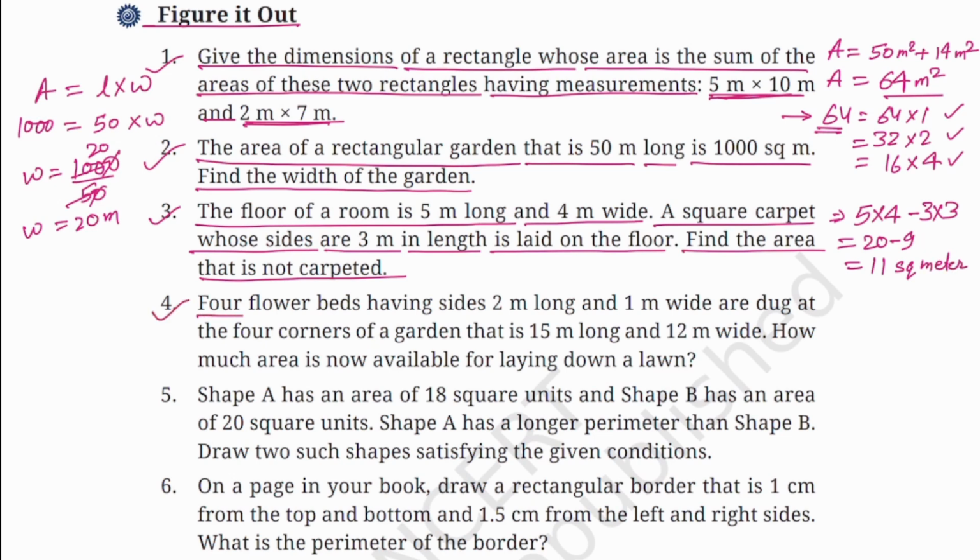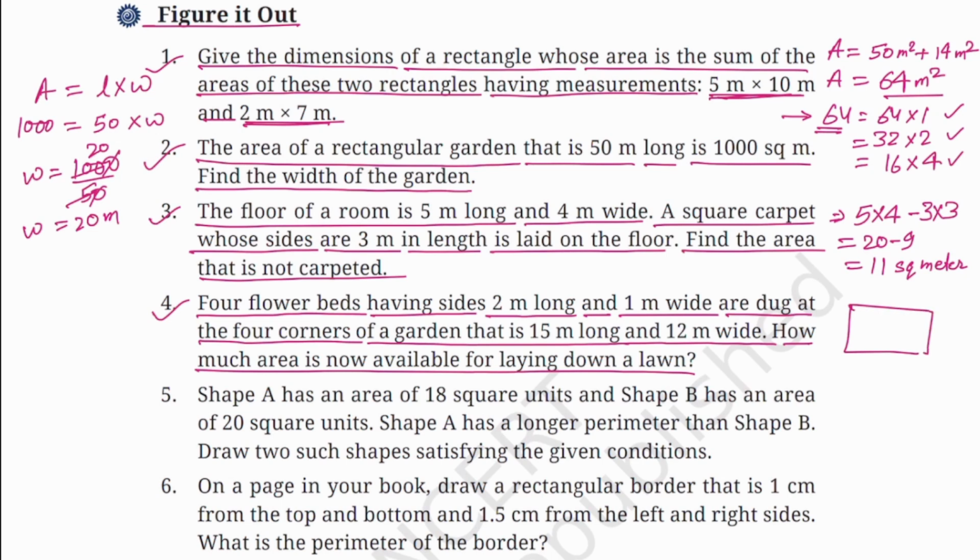4. 4 flower beds having sides 2 meter long and 1 meter wide are dug at the four corners of a garden that is 15 meter long and 12 meter wide. How much area is not available for laying down a lawn? You have to subtract area of 4 flower beds from the area of the garden.